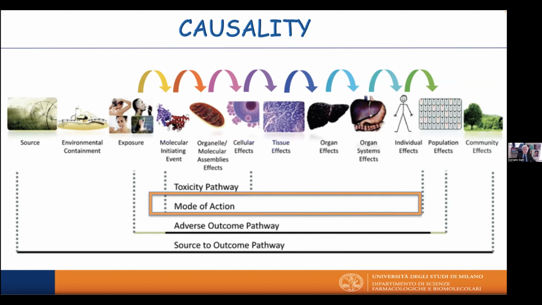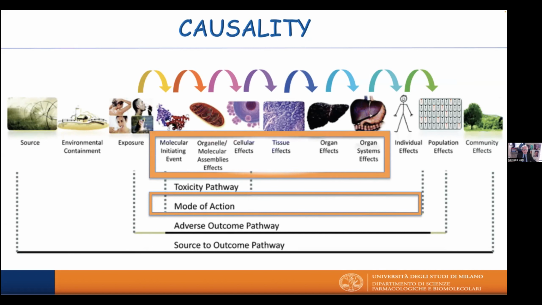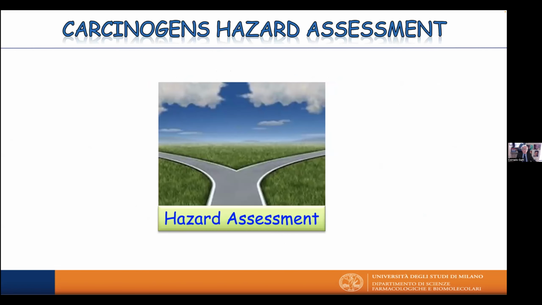So we have, from the molecular initiating event to the organ system, the adverse outcome pathway, which is quite good to help us in defining the mode of action. That again is about causality, because the adverse outcome pathway becomes very important when all the key events are well proven. Now you remember that.